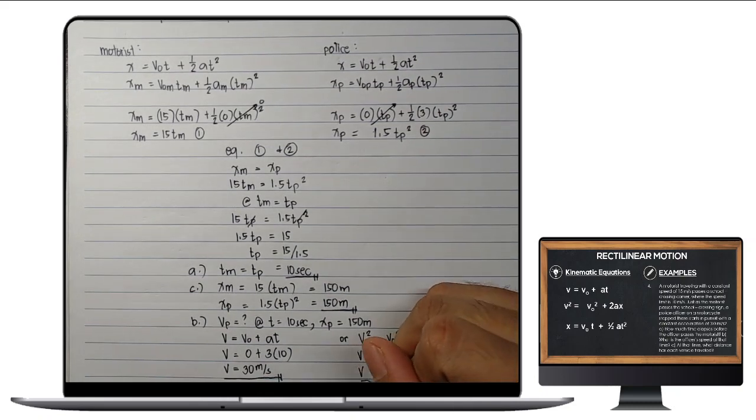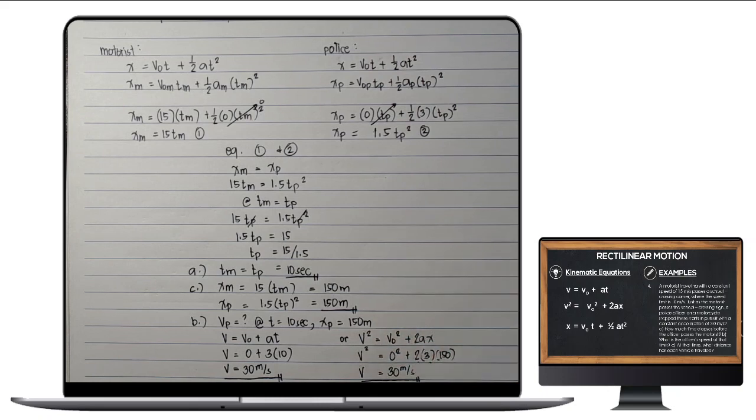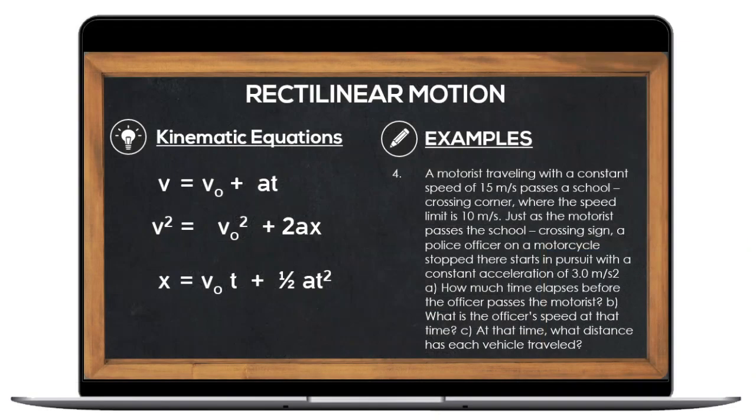Any of the two can be used. Okay, so let's proceed to the next problem.